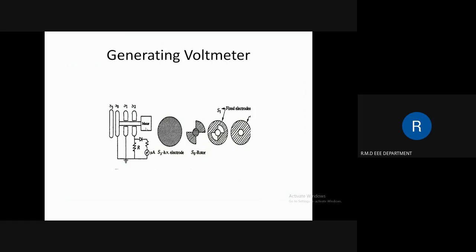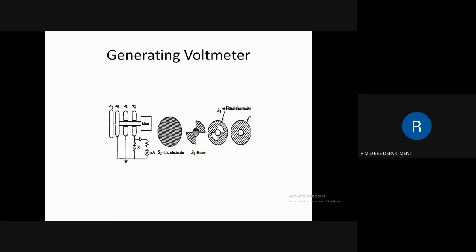The generating voltmeter employs rotating vanes for varying the capacitance between S2 and S3. With the design of vanes on the electrode S0, the capacitance can be varied. The high voltage source is connected to the disk electrode S3 and is kept at a distance from all other electrodes.